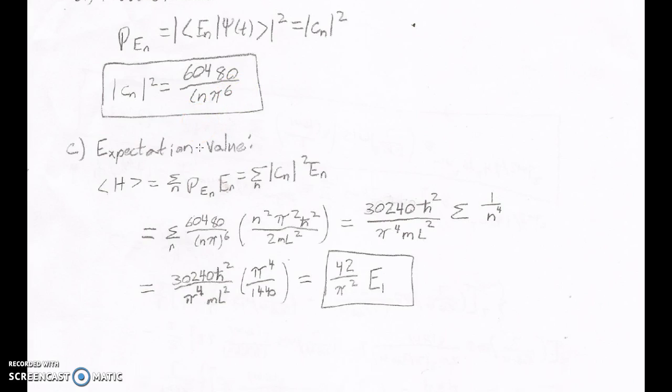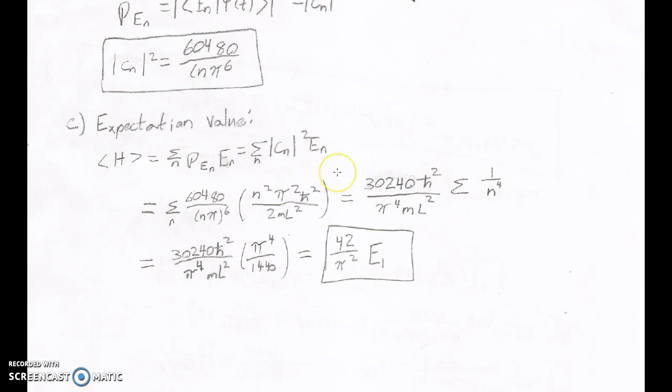And so the third part asks for the expectation value. The expectation value is the sum over n of our probabilities times E_n. In this case, the sum over n of modulus c_n squared, so this value up here, times E_n. And as I said before, E_n is n squared pi squared h bar squared over 2mL squared.